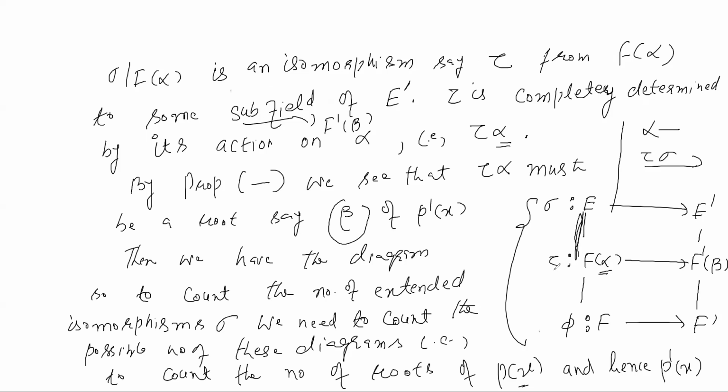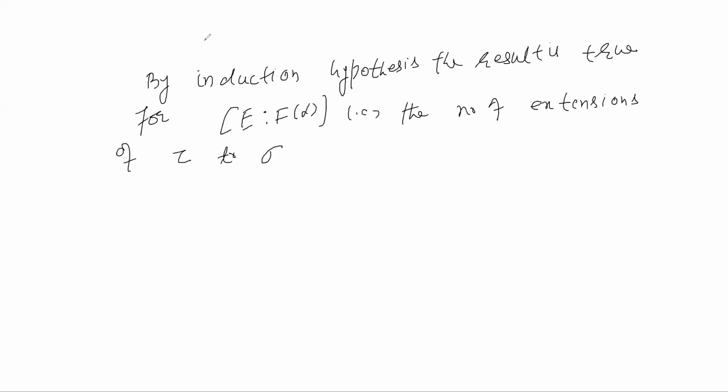So we are actually saying that the number of extensions of tau to sigma is less than or equal to the degree of extension of E over F alpha.